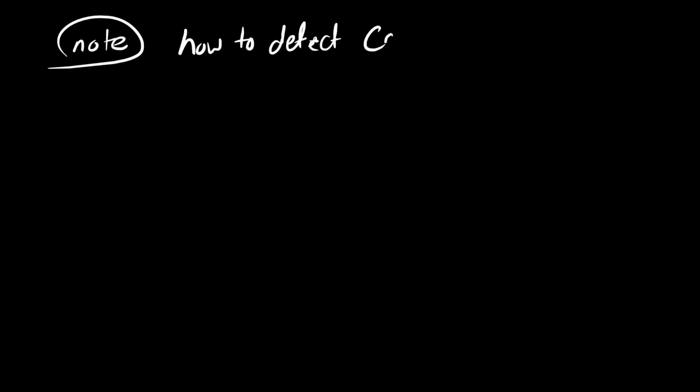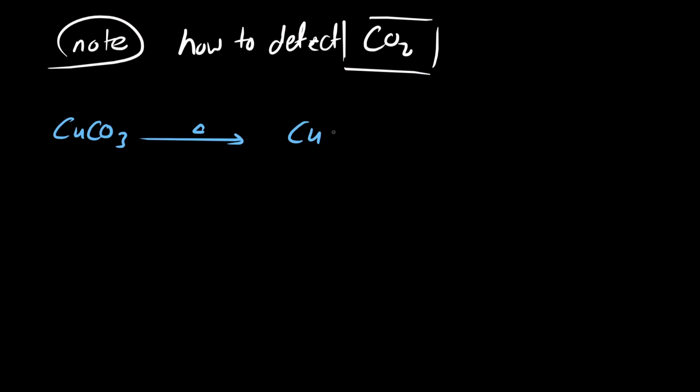So this is just a quick note on how to detect CO2. So as we said, when we decompose the metal carbonate thermally, let's say we have the copper carbonate thermally becomes copper oxide plus CO2.